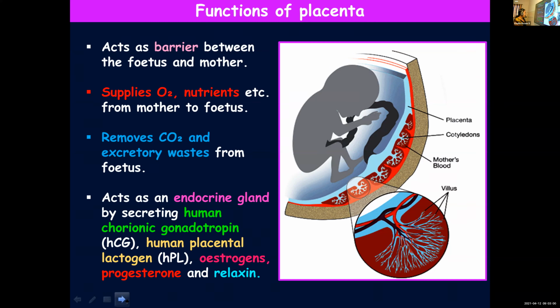Human chorionic gonadotropin, human placental lactogen, then progesterone, estrogen, and relaxin. Out of these, human chorionic gonadotropin, human placental lactogen, and relaxin are specific to pregnancy. The other two, estrogens and progesterone, can be produced in the body of a lady who is not pregnant also. Normal females also can produce them. When I say normal female, it doesn't mean that pregnant ladies are abnormal.